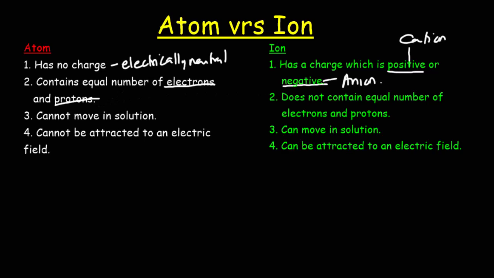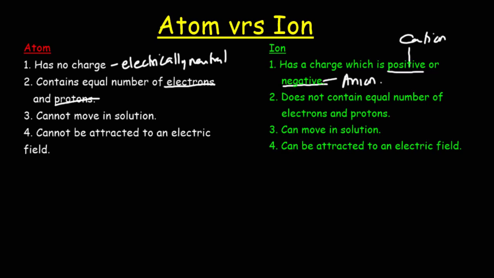On the other hand, an ion does not contain equal number of electrons and protons. Why is that so? The reason is because if the atom gains an electron, it means that there will be excess electron over proton, and so the number of electrons will not be the same as the number of protons.